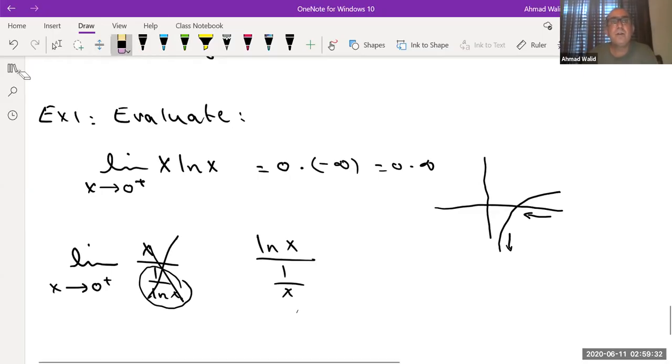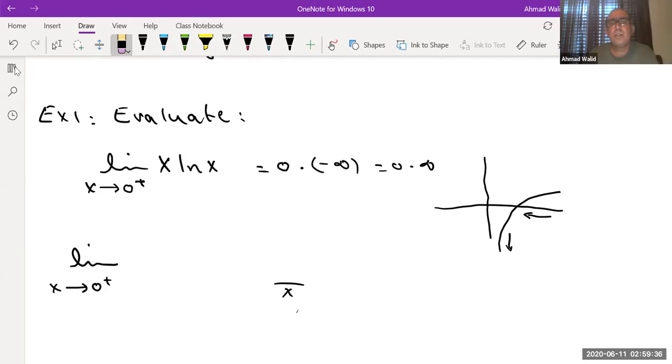Definitely you will go for this choice, which is ln x over 1 over x. You would write ln x over 1 over what? x. Now, if you plug in 0 here, again it gives you infinity. The graph of 1 over x, as x approaching 0, gives you again infinity.